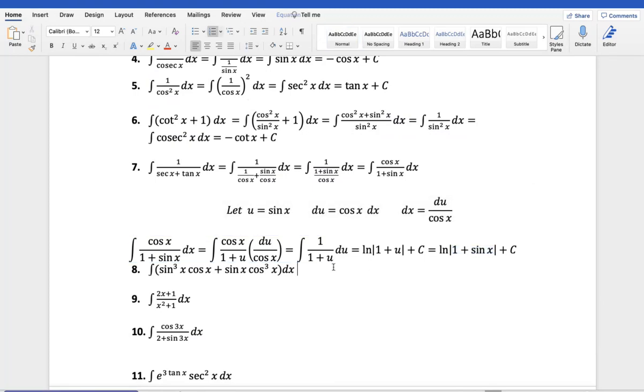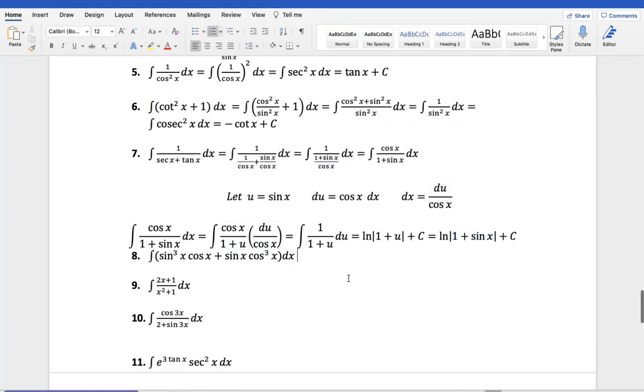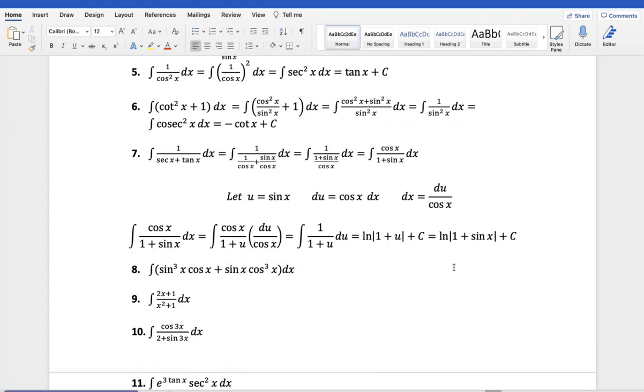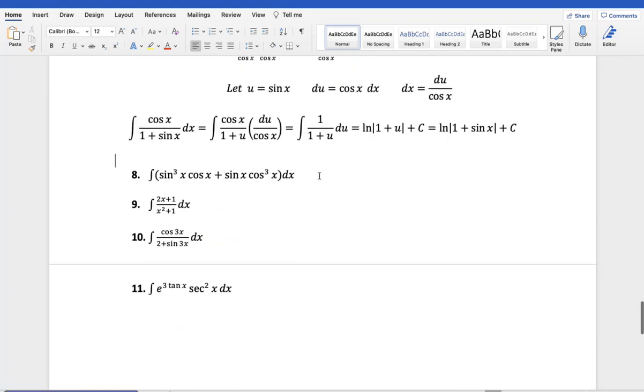Right, so moving on to the next question, we have the integral of sine cubed of x times cos of x plus sine of x times cos cubed of x. We can clearly see here that sine x cos x is a common factor for these two terms.